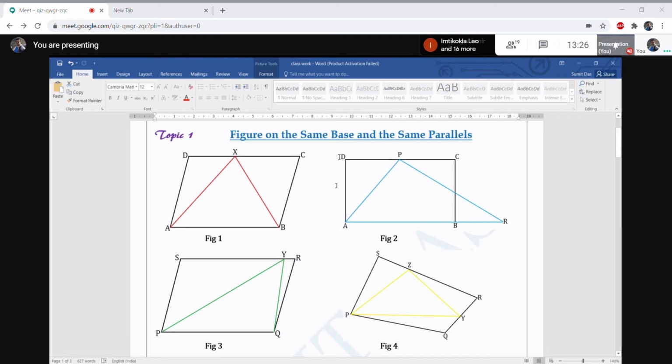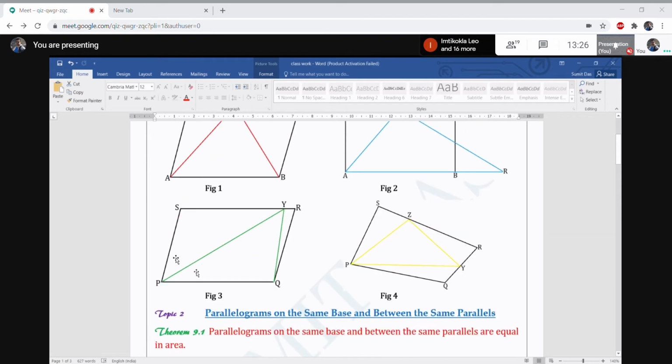Okay, figure 3, what can we see? In figure 3 we can see the triangle PYQ and the quadrilateral PQRS are on the same base, and they are between the same parallel lines also.